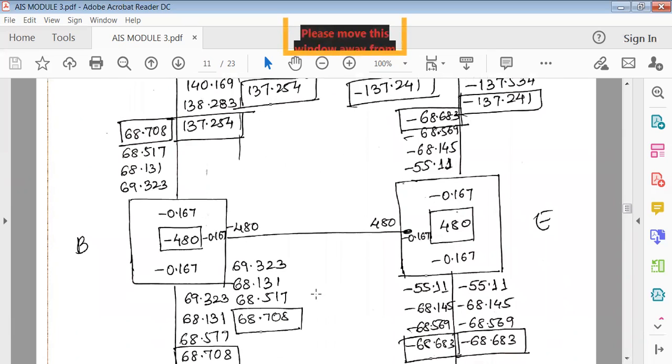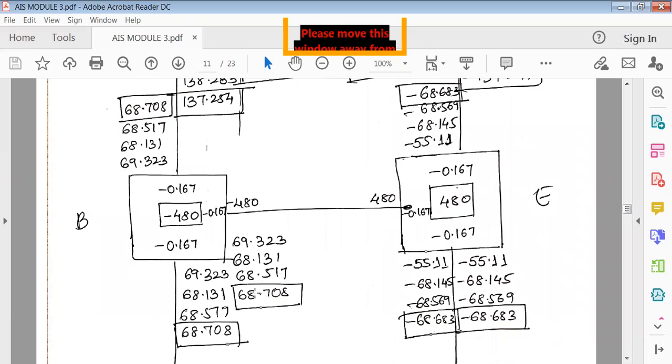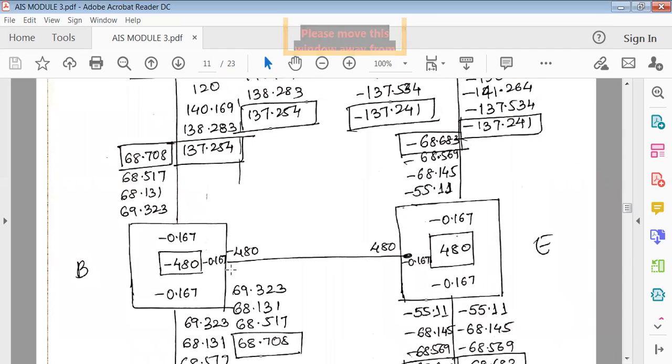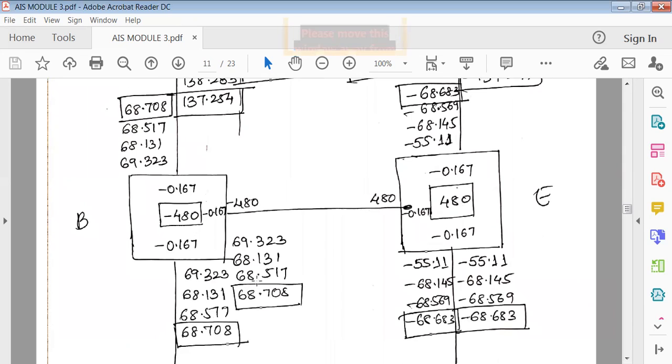Then to the right side, it is the second step, that is this one, 69.323. Add all of these, then into minus 0.67, so 68.13, on all three sides, 1, 2 and 3. So this is the second cycle, and we finish with the second cycle. Like this, you have to carry out the other two iterations.